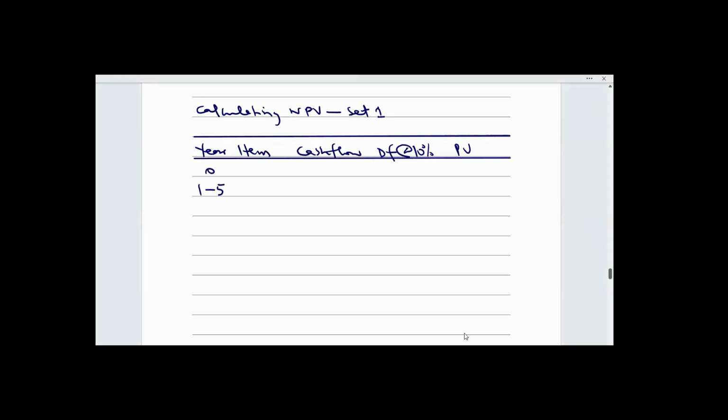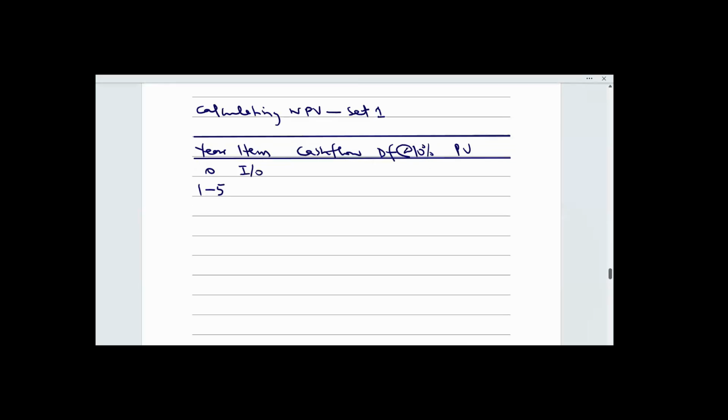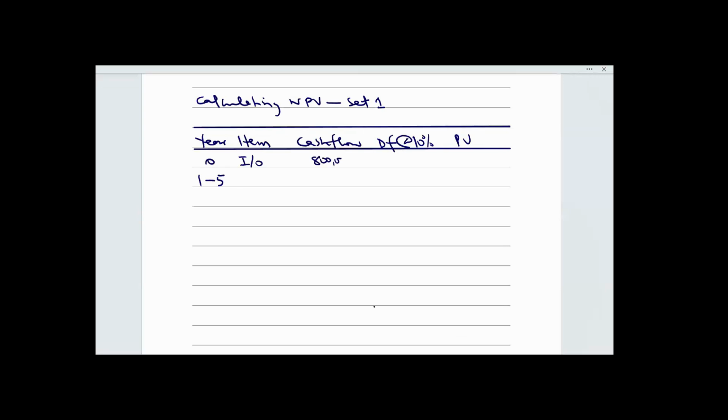The useful life of the project is 5 years. Therefore, here will be the initial outlay. According to the question, initial outlay is 800,000 naira. So here is 800,000.